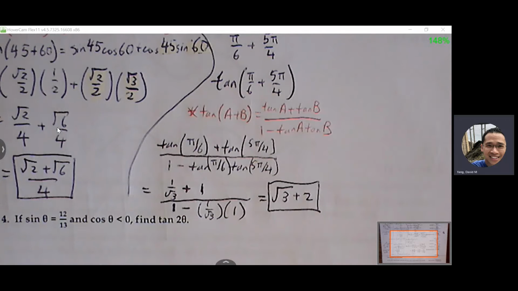All right, are we okay with 1 and 2? I'll make sure that we're still understanding the sum and difference identities. Okay.